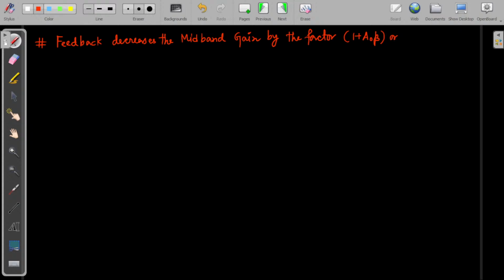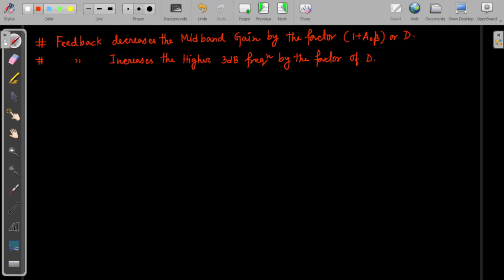What is this 1 plus A0 beta? It is nothing but the desensitivity D. Similarly, in the second statement, we can write that feedback increases the higher 3 dB frequency by the factor of D.